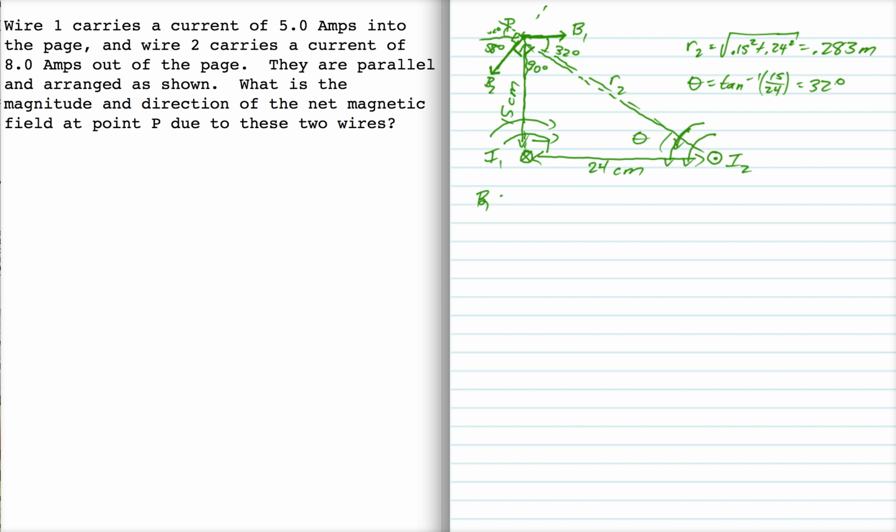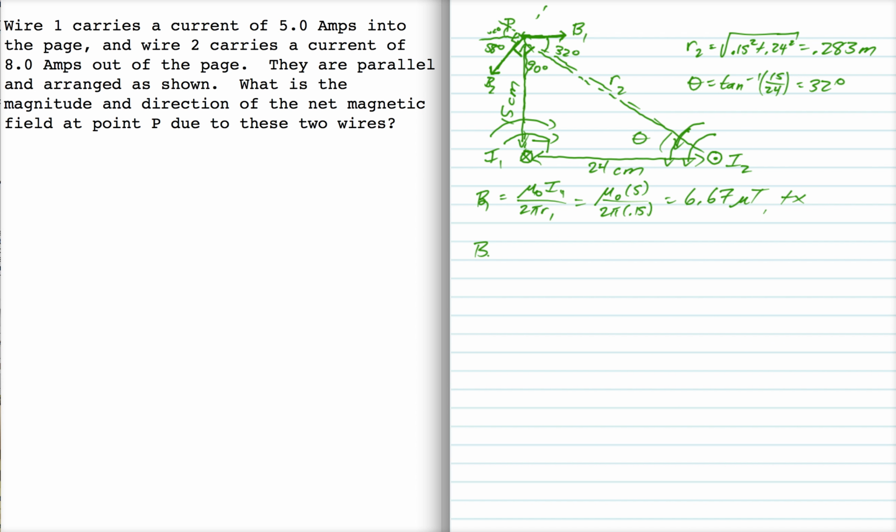Okay, so now we just need to find the magnitudes of these two things. So B1 has a magnitude of mu naught I1 over 2 pi R1, and that's mu naught times 5 over 2 pi times 0.15. So that's 6.67 microtesla, and that's in the plus x direction.